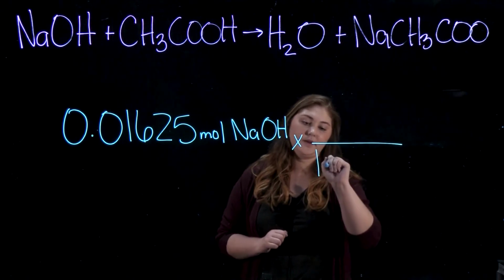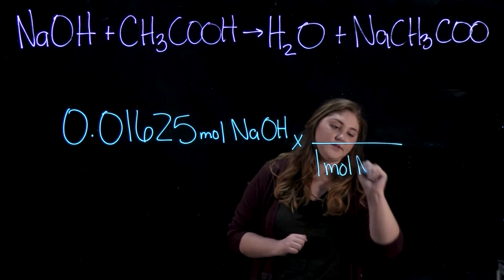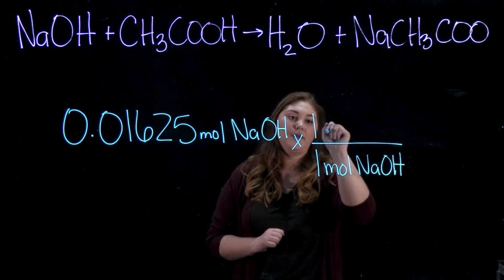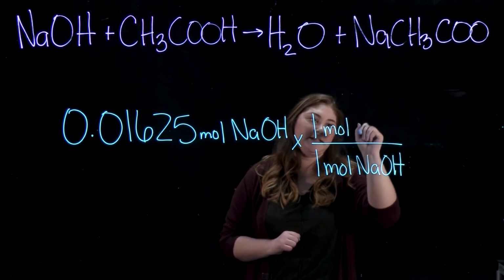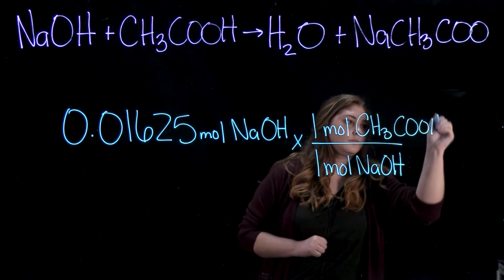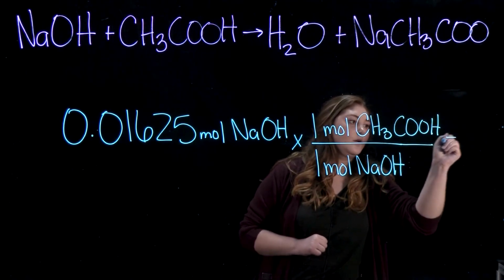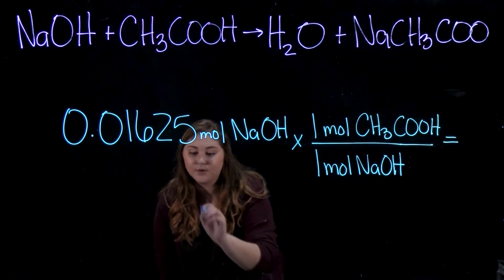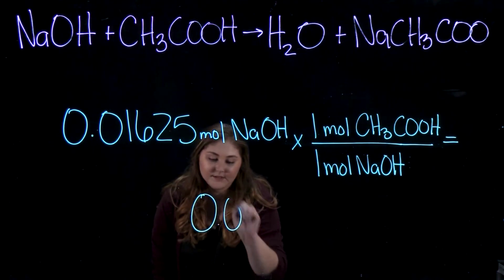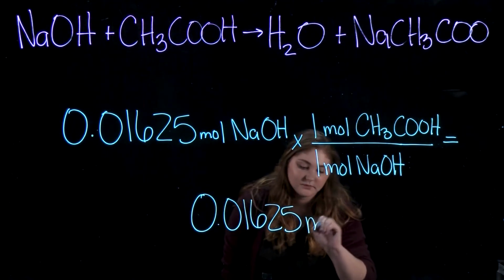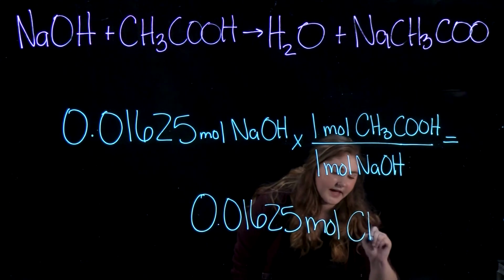So for every 1 mole of sodium hydroxide, we have 1 mole of acetic acid. We know that in our sample that we titrated, we had a total of 0.01625 moles of acetic acid.